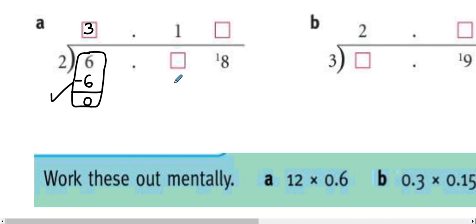Now, do you notice that a certain number divided by 2, the answer is 1. But there is a remainder which was recorded here to make this number read 18. So the question is, which number divided by 2, the answer comes to be 1, and leaves the remainder here of 1?